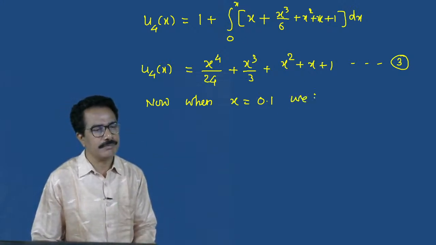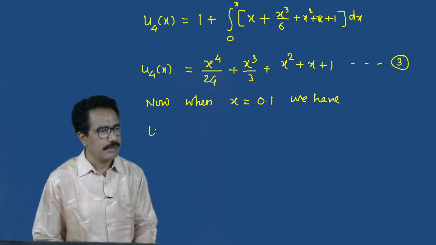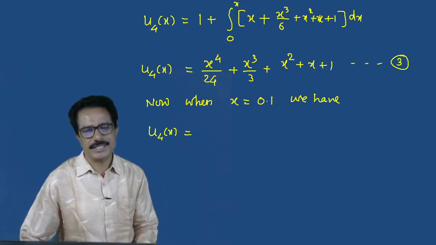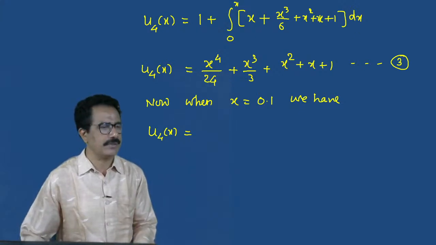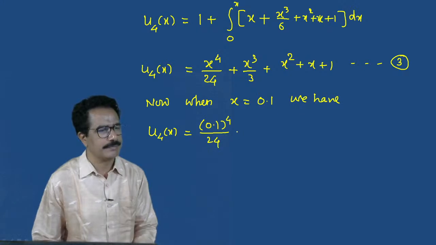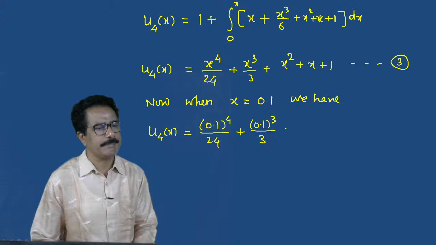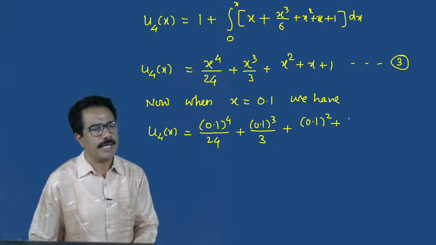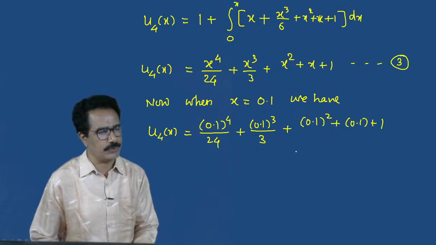Then we have u4 of x is equals to 0.1 raised to 4 by 24, 0.1 cube by 3 plus 0.1 square plus 0.1 plus 1.